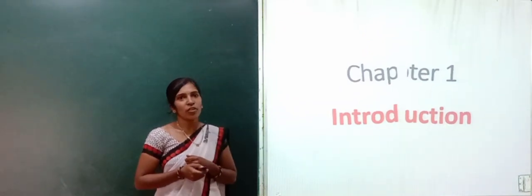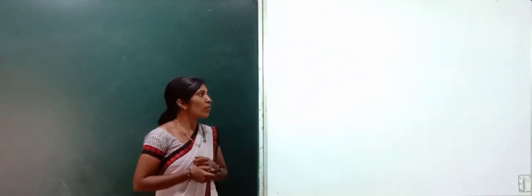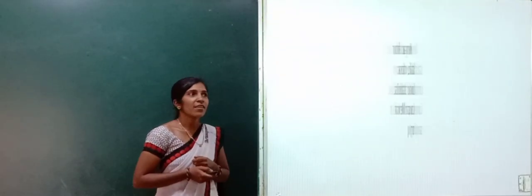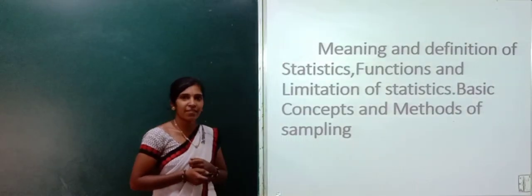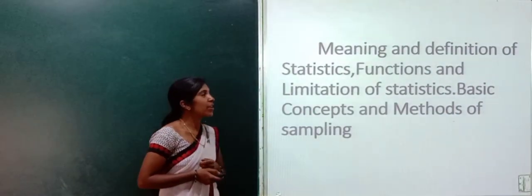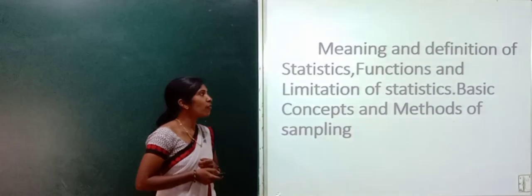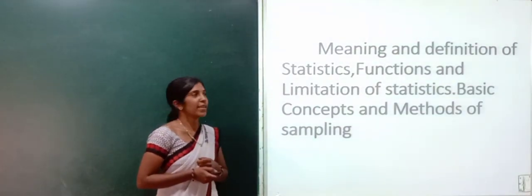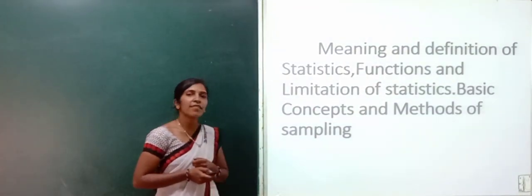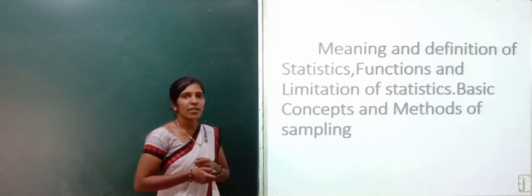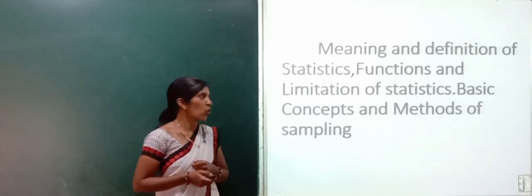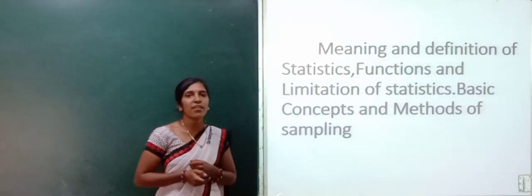Under introduction, we will study topics related to statistics: the meaning and definition of statistics, its functions, some limitations of statistics, and some basic concepts. There are also some methods of sampling.